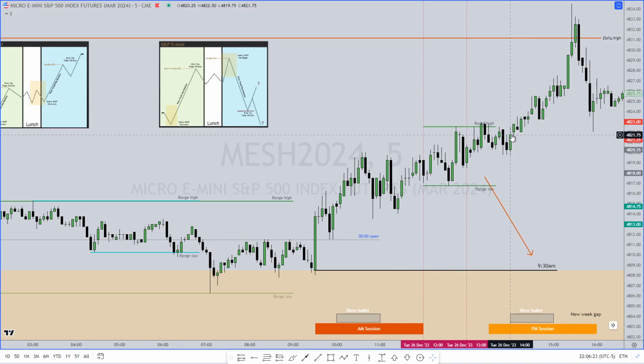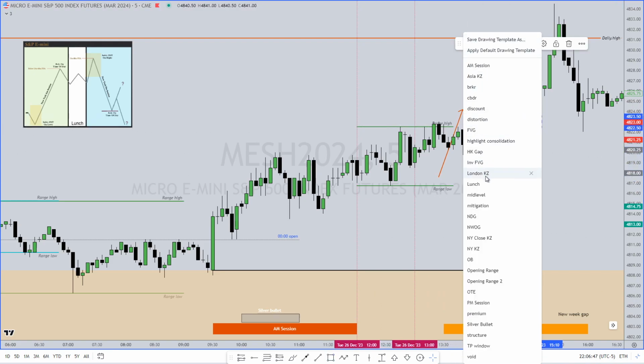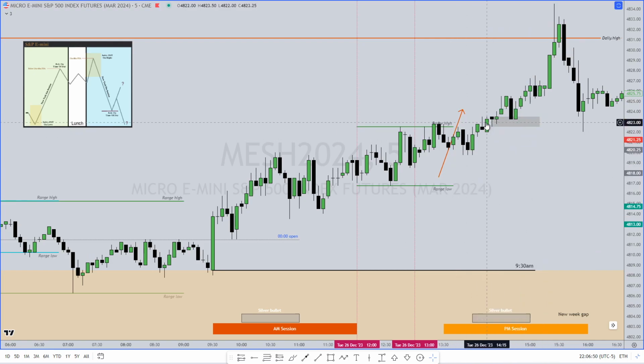So at 2 p.m. we would have expected some sort of price shift below market structure. Instead, what we see is a continuous push up. Now this is where the patience game comes in, because within the Silver Bullet, you have to wait and use the price action to the left, particularly the ranges, to give you your ideal entry, which is not always going to be all of the move, whether you use a volume imbalance, a fair value gap, or an order block.